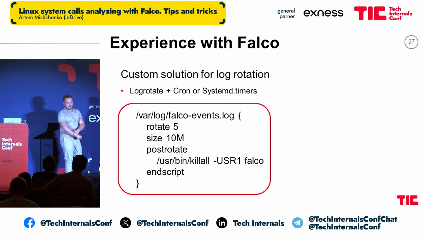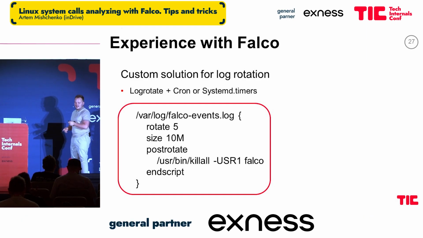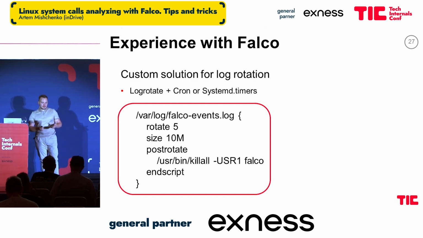But Falco cannot rotate logs itself, so you need to provide another small solution to solve this issue. And in our case, it was just logrotate with a custom configuration.